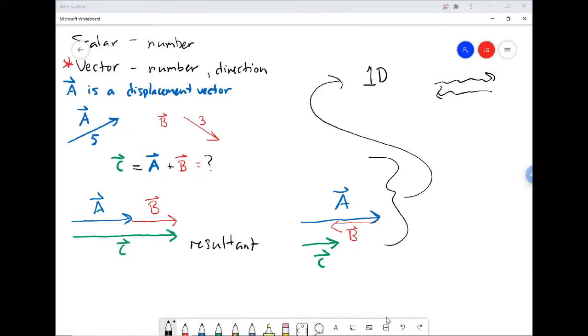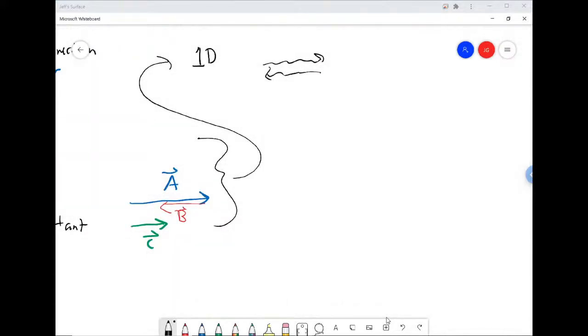Yes, Holly, you're right. So in 1D, let's go this way a little bit. Direction. One of the things I love about this digital whiteboard is it's like infinite size. I never have to erase. Direction is positive or negative.